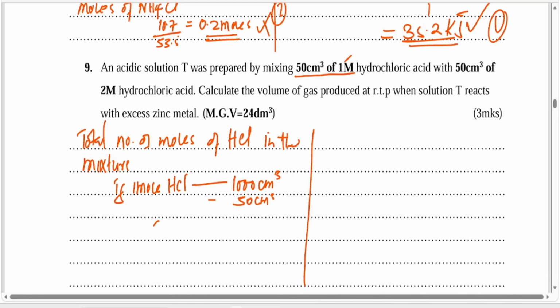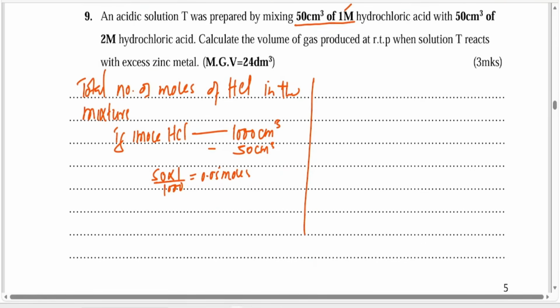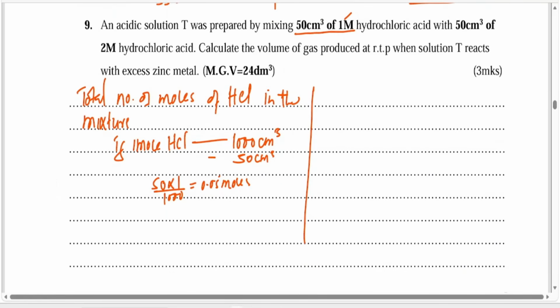When we work it out, 50 times 1 divided by 1,000, we shall obtain 0.05 moles.